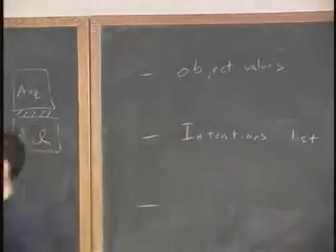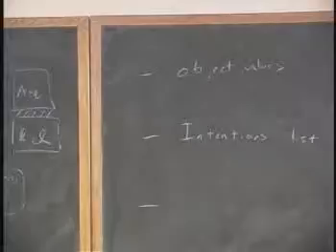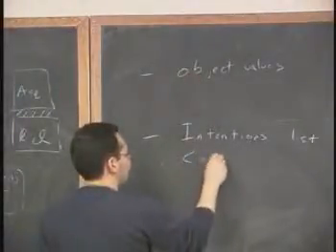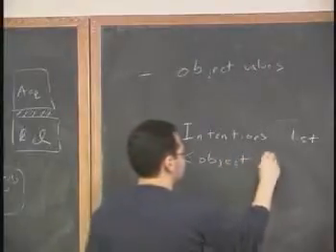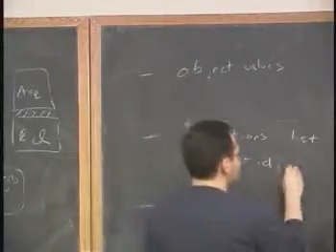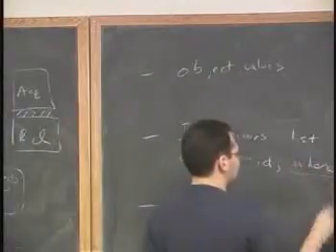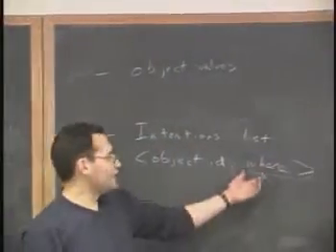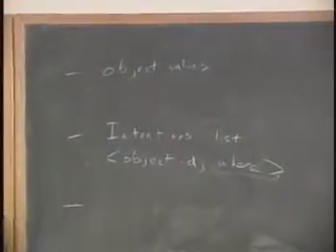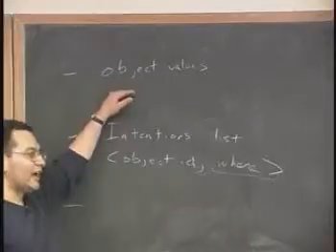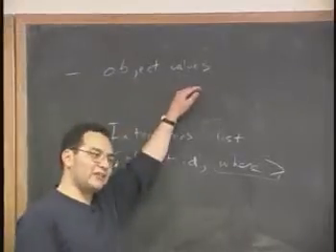This intentions list is for these object values. There are object IDs that are used to name them, and then something that tells you where you can find the value. You need this because you can imagine a transaction that's running can write a value, and then decide, oh, I'm going to write a different value to it.